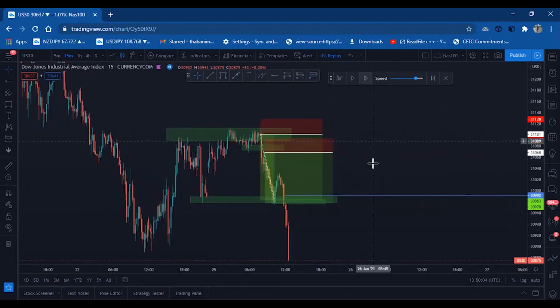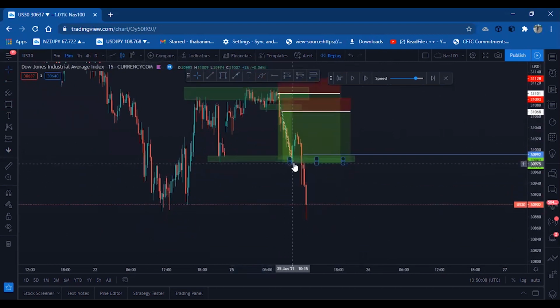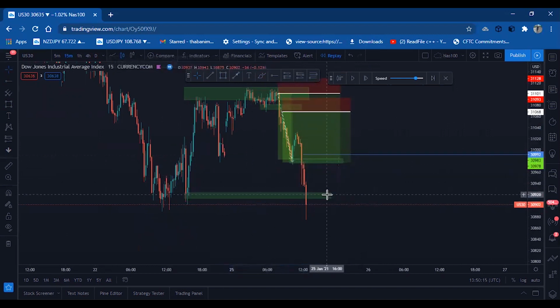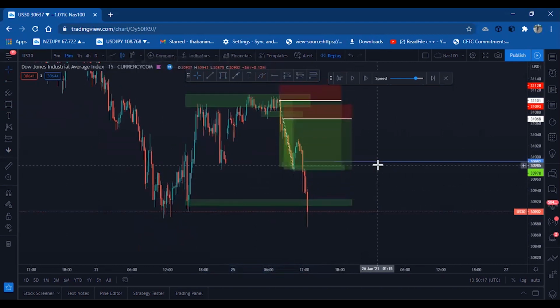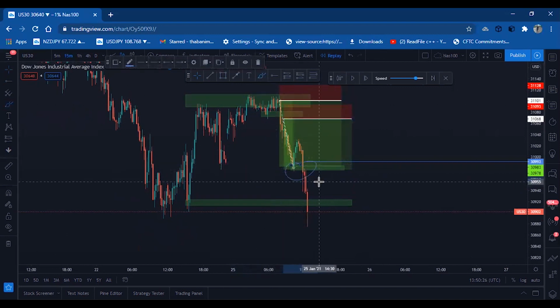It continues pushing. Remember, guys, price is pushing to the downside. Now, because we've reached our target, we have to be very aggressive with our take profit. As you can see, if we had put our take profit somewhere here, we would have been out of this trade because it would have hit our take profit.